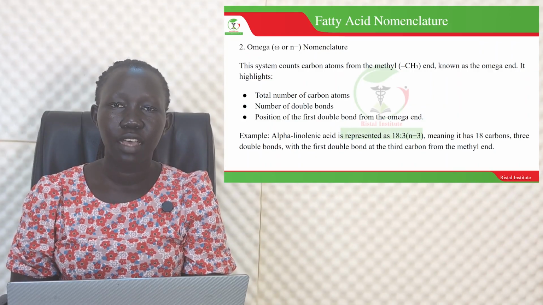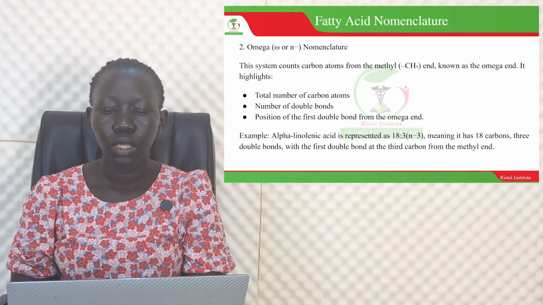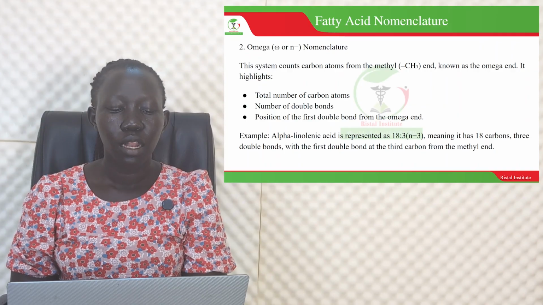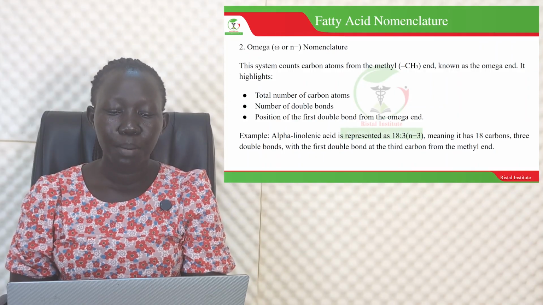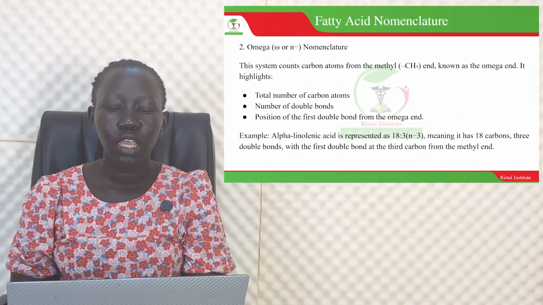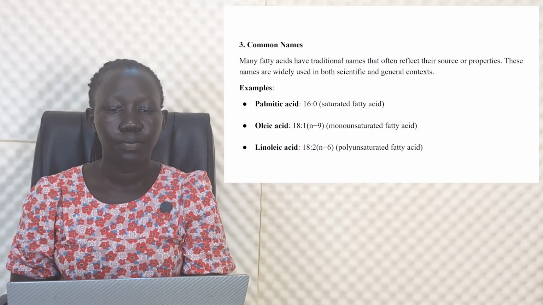It is represented as 18:3 (n-3). This means that alpha linolenic acid has 18 carbon atoms and 3 double bonds, but the first double bond occurs at the third carbon from the methyl end.